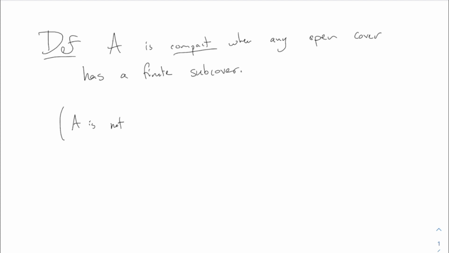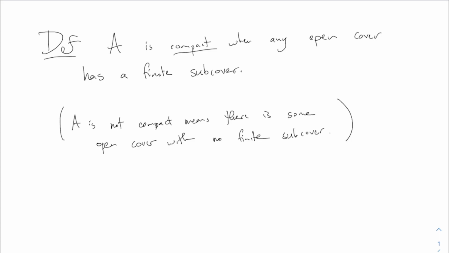So A is not compact means there is some open cover with no finite subcover. Right? That's what it would mean to be not compact.